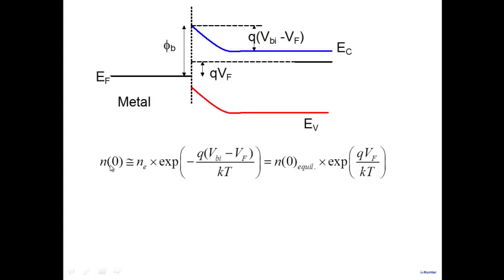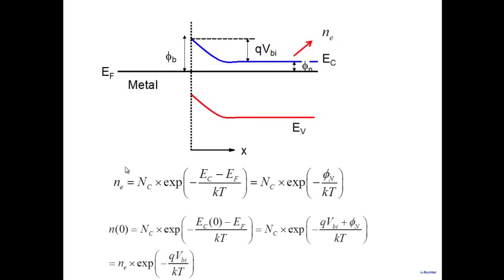Right? So number of electrons now, anybody sees why I put an approximate sign? There's a reason why I put an approximate sign. No, so here I didn't put approximate sign, right? Ne, fine, N0, and N0 is equal to Ne exponent Q VBI by KT. No approximate sign.